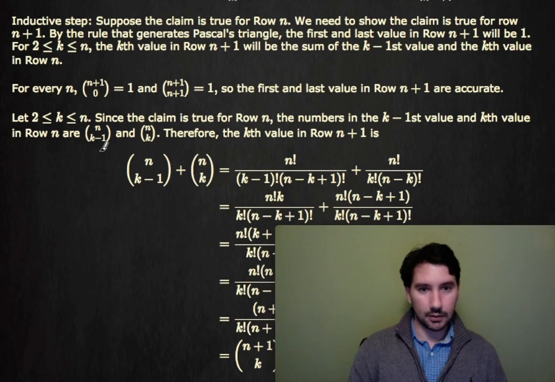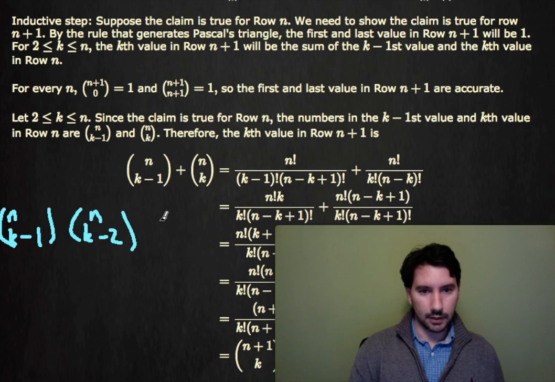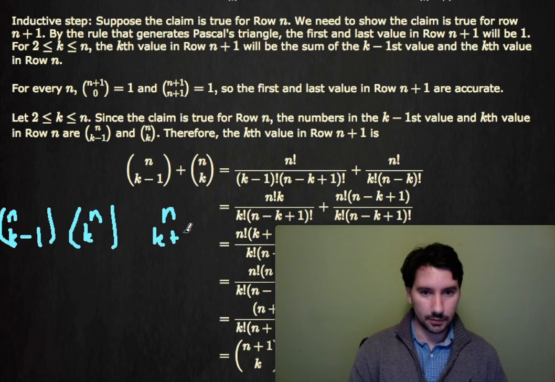But what about whenever we have n plus 1 choose k for some k between 2 and n? Well, we're going to get a collision of two numbers from row n, and those two numbers are going to be n choose k minus 1 and n choose k. So we have this row up here, with n choose something, and there's an n choose k minus 2, n choose k minus 1, n choose k, n choose k plus 1, so it goes up as you go across, and so on.